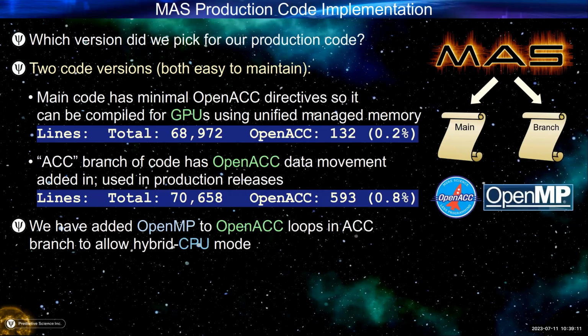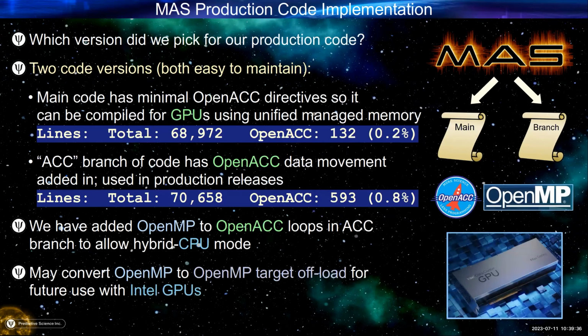So we've also added OpenMP to the OpenACC loops. And the reason we did that was our code had never been CPU hybrid before, but now it can be because do concurrent can be multi-threaded on the CPU. So by adding the OpenMP to the few loops that aren't do concurrent compatible, we're able to add the hybrid CPU parallelism to the code, which we never had before.